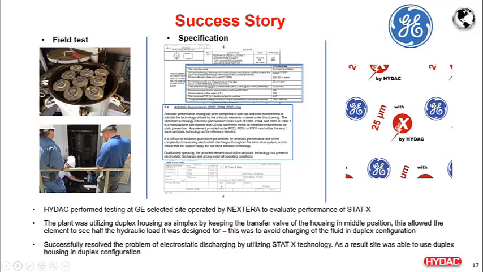When they started having these issues, especially with the very fine or refined oils, some of the engineers at GE were telling the end users to run the duplex filter keeping the transfer valve handle in the middle position. By doing that, you're utilizing all the same elements, but at half the flow rate. But you're not utilizing your duplex housing as a real duplex configuration.